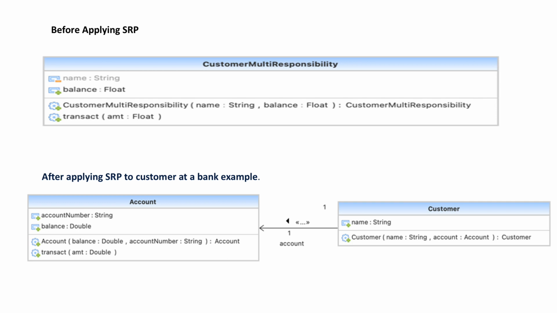Customer will have the account instance as a constructor, and it can fetch all the information of the account, whatever is needed, from the other class which has the responsibility of dealing with all the account information.